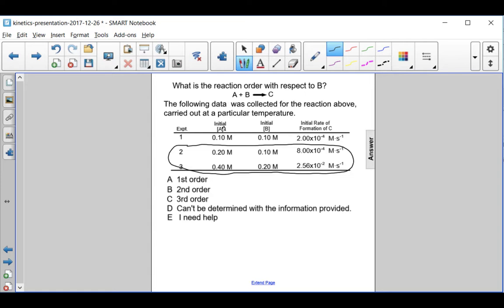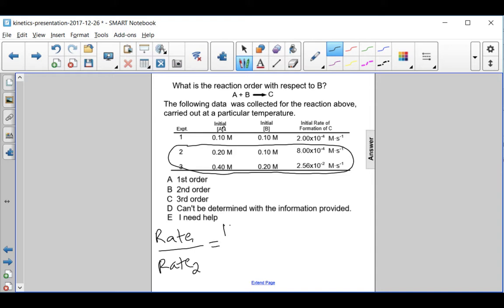But I can again just write a ratio of the rates. So the rate for the first experiment over the rate of the second experiment.